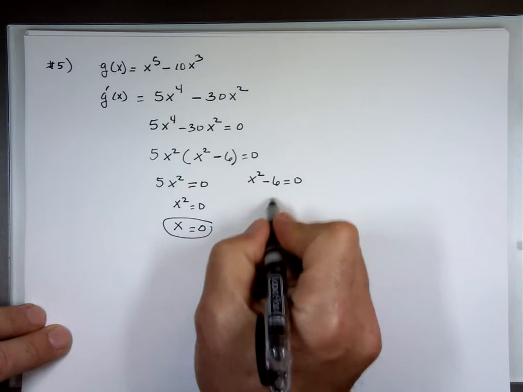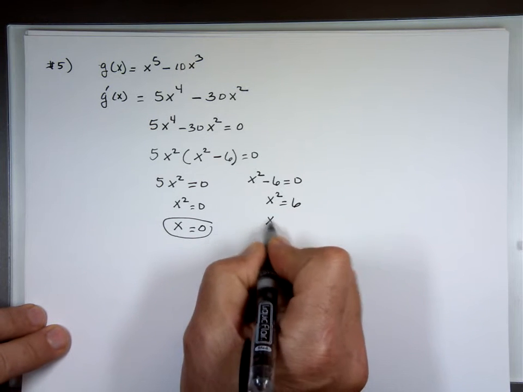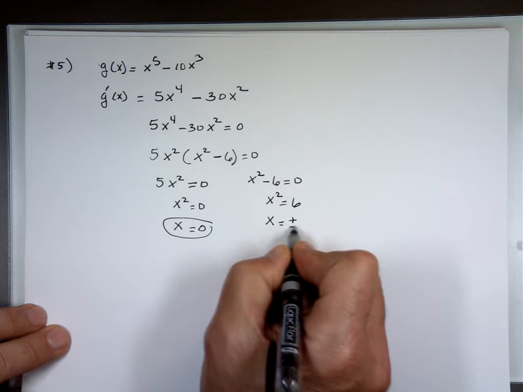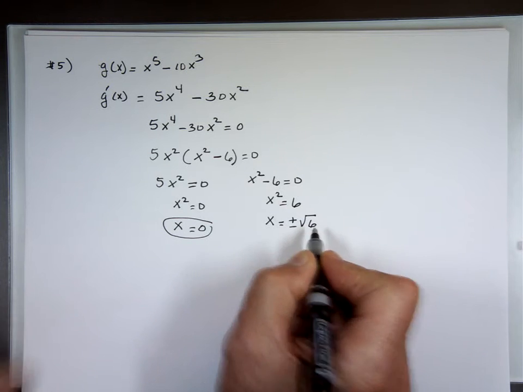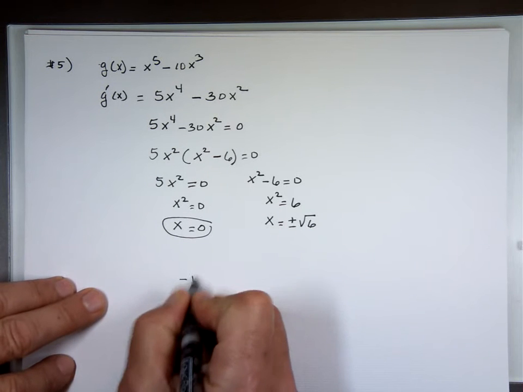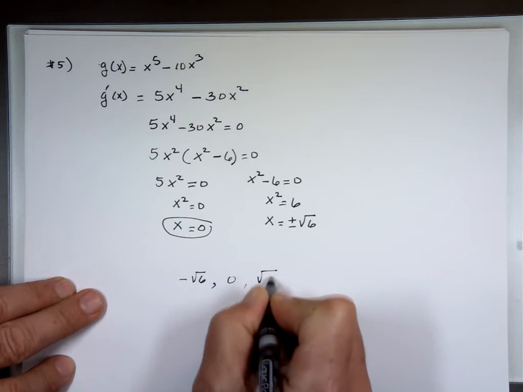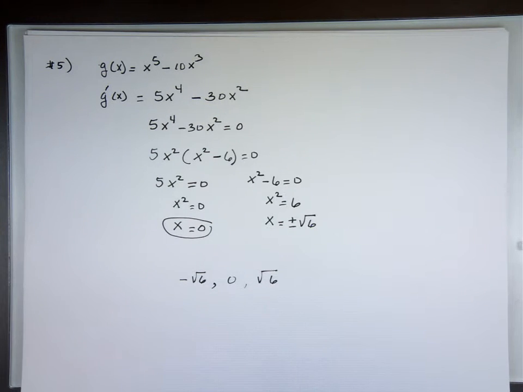This one, x squared equals 6. Square root method says x equals plus or minus the square root of 6. And it doesn't say use approximation. So it's going to be negative the square root of 6, 0, and the square root of 6. These are the critical values. It says use a comma to separate them.